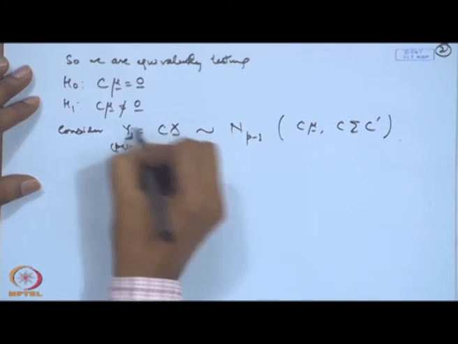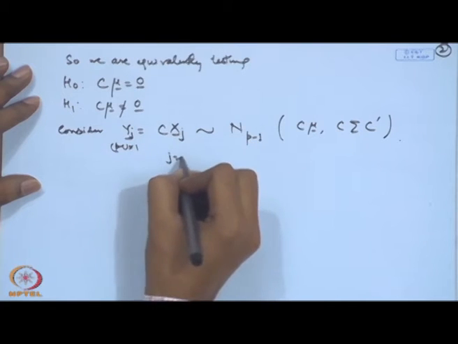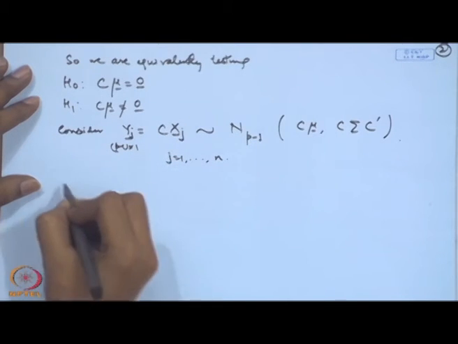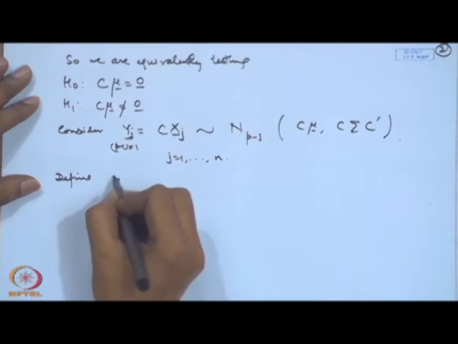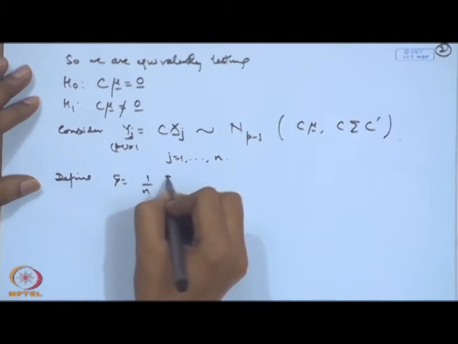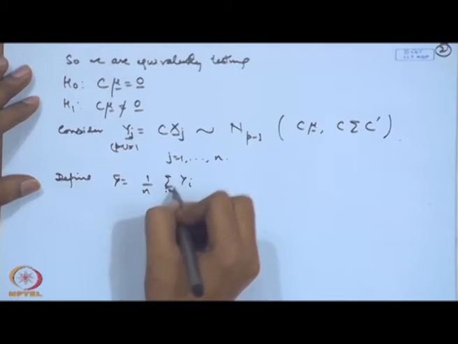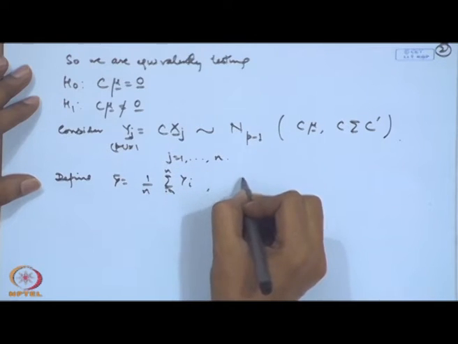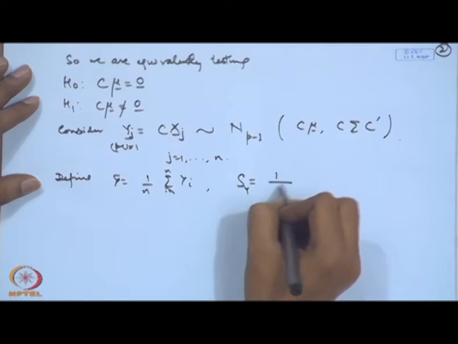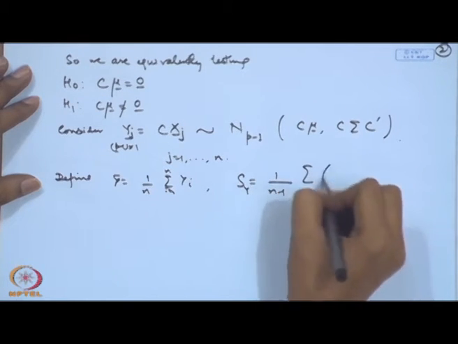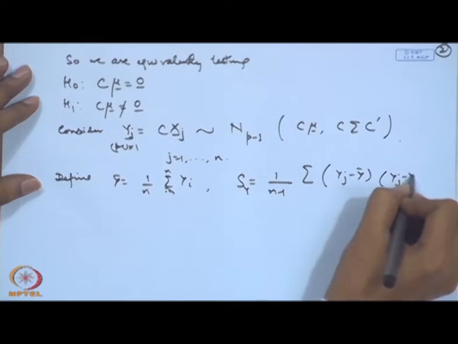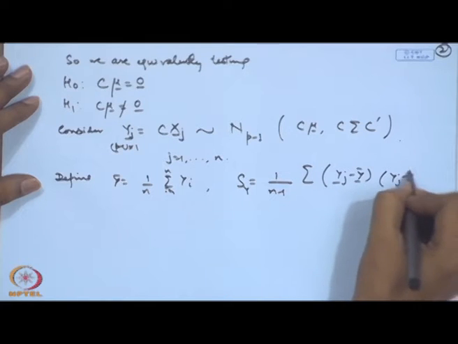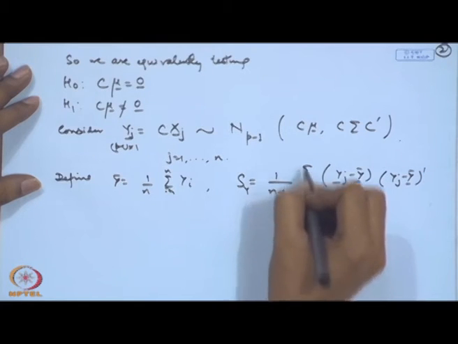So, let us consider y j vectors for j is equal to 1 to n and define then y bar vector as the mean vector of y j's, and we can also define the variance covariance matrix based on y's as 1 by n minus 1 sigma y j minus y bar, y j minus y bar prime, j is equal to 1 to n.